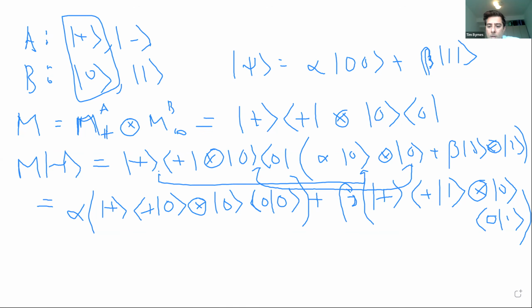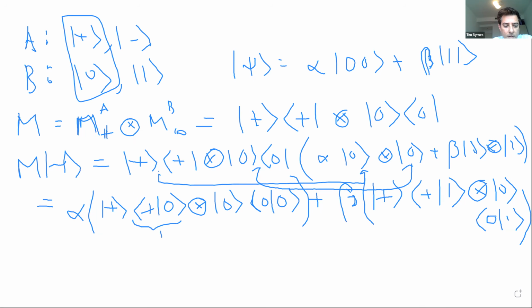All right. So now we can simplify a couple of things here. For example, does anybody remember what the inner product of this plus state with 0 is? One over square root 2. Yeah, 1 over root 2, that's right.